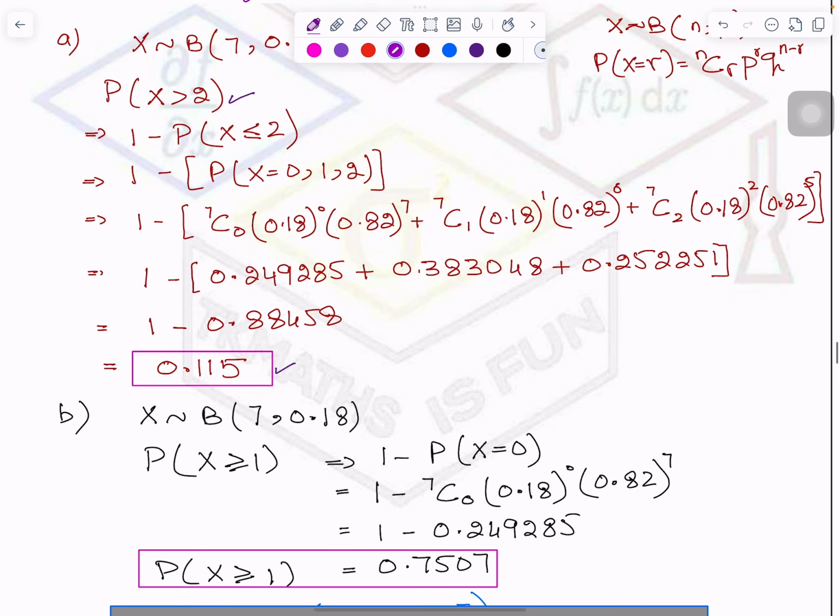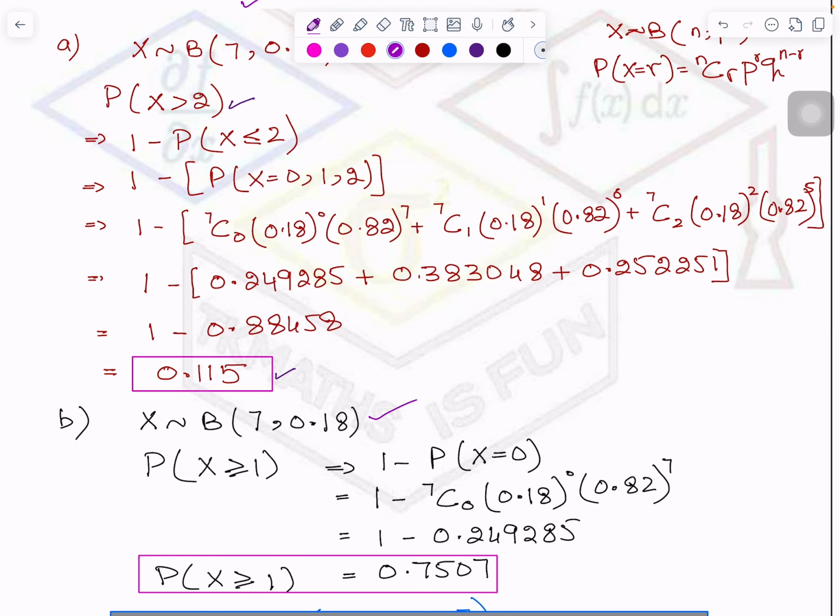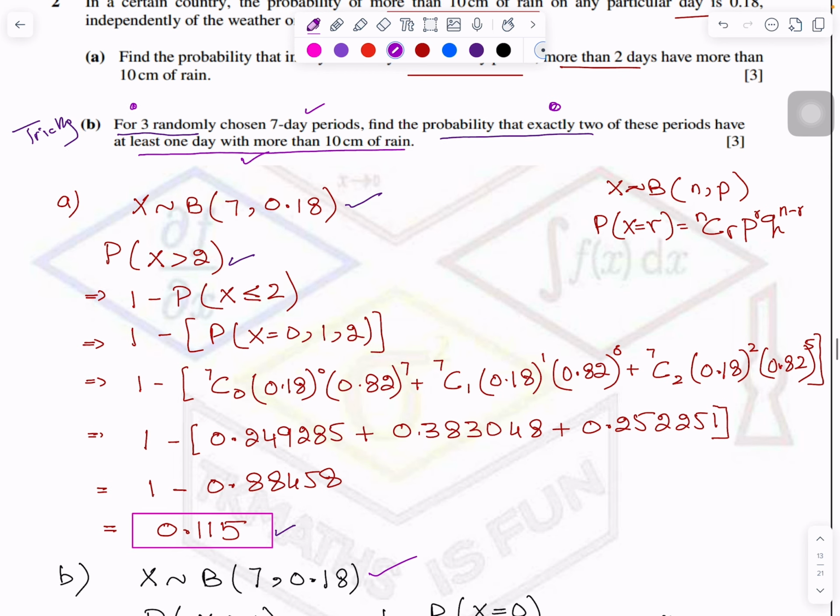Using the same distribution, but you are calculating probability that at least 1, right? The rain happened more than 10 centimeter. Now this is the probability when it is at least 1 day happened more than 10 centimeter. Now out of 3 days, exactly 2 days probability you have to calculate.